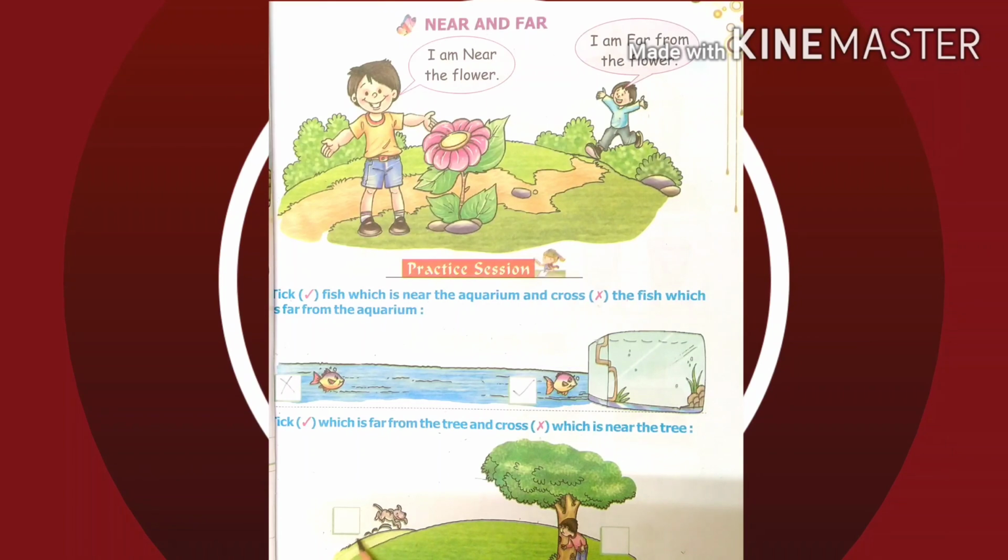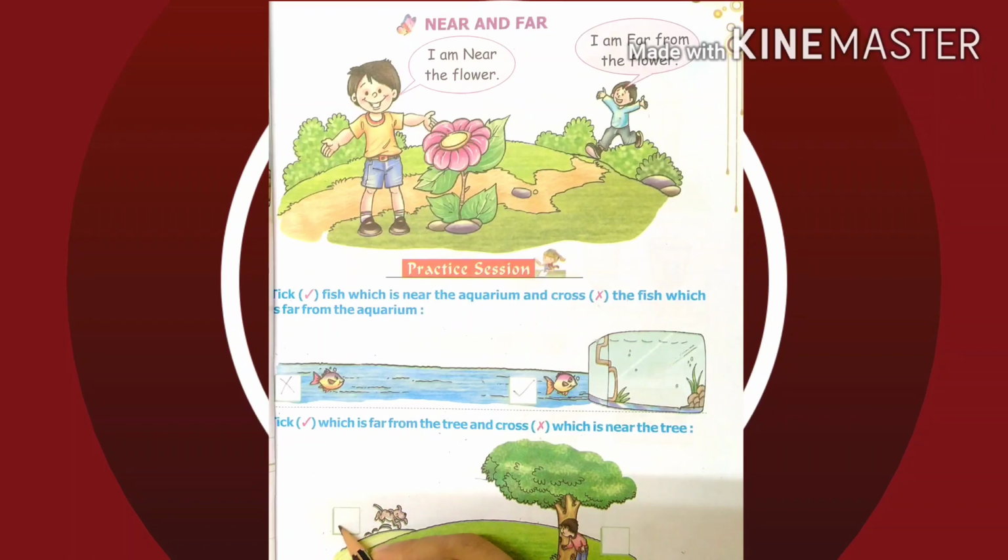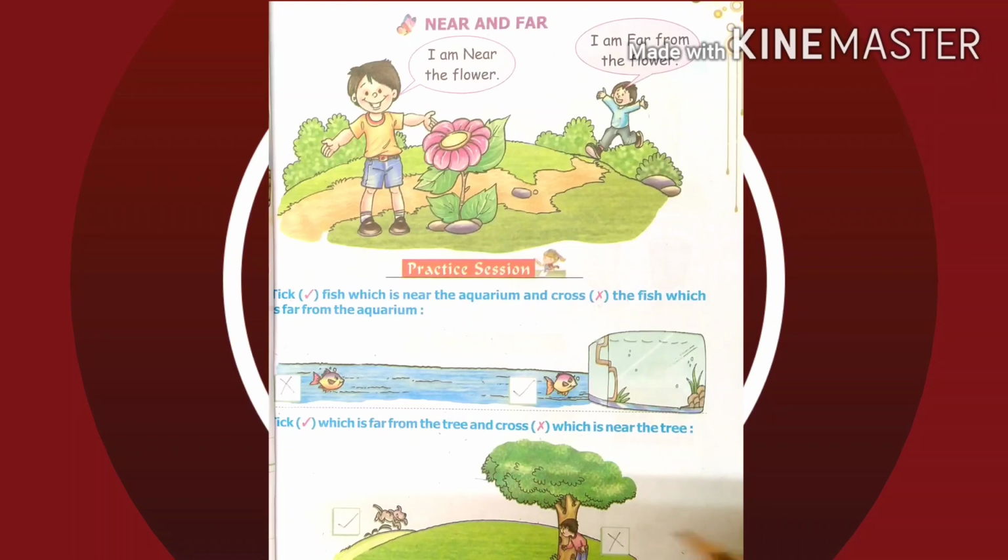Okay, and this dog is far from the tree. So which one is far? Dog is far from the tree. So we will write here cross and this boy is near the tree. So we will do cross.